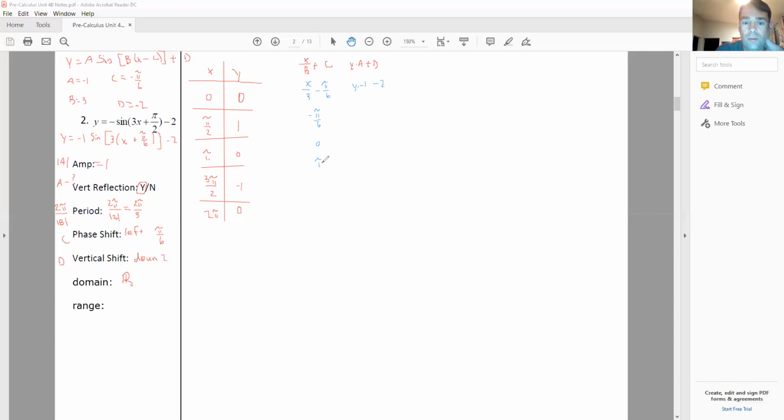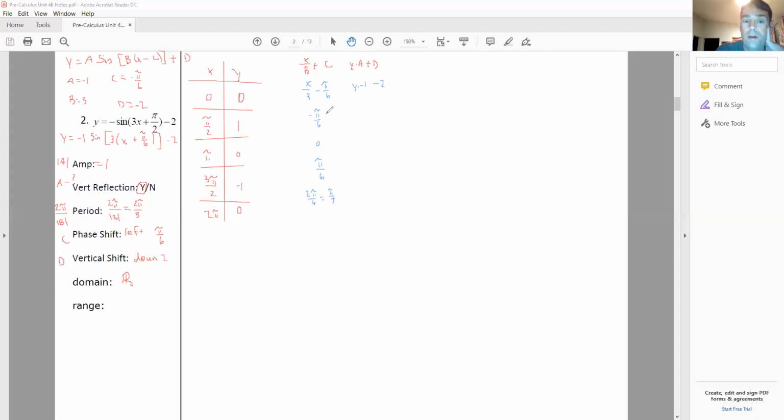What you end up doing here is you start to see how they're counting since they're equally distanced apart. 3 pi over 2 divided by 3 is pi over 2. And pi over 2 is 3 pi over 6, so that's 2 pi over 6, which is the same thing as pi over 3. I'll give you a hint.